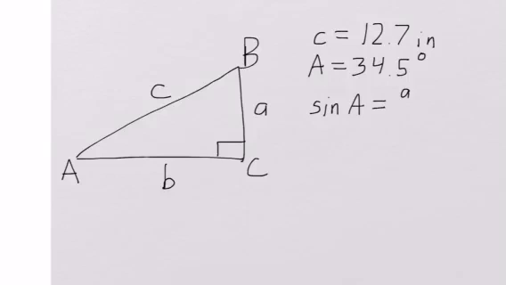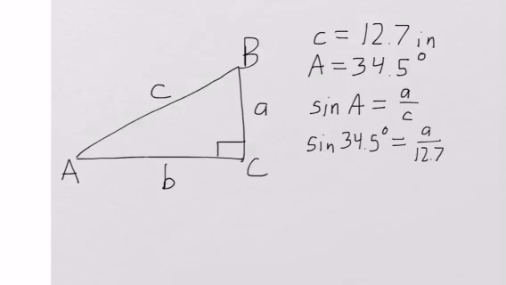In this case, that is A over C. Well, we know what capital A and lowercase c are, so we can say the sine of 34.5 degrees is equal to A over 12.7.